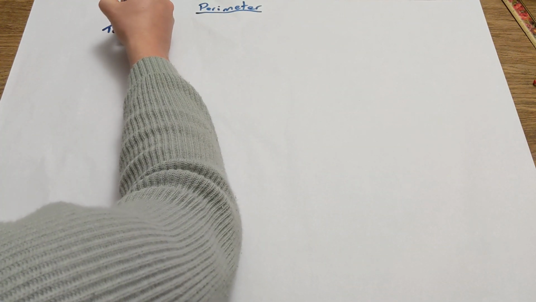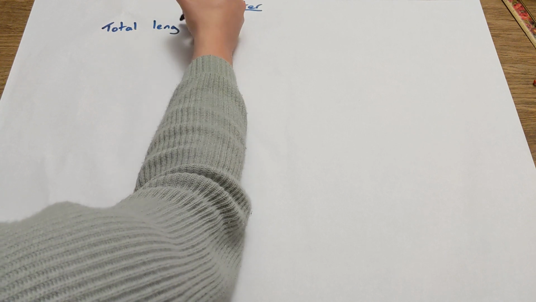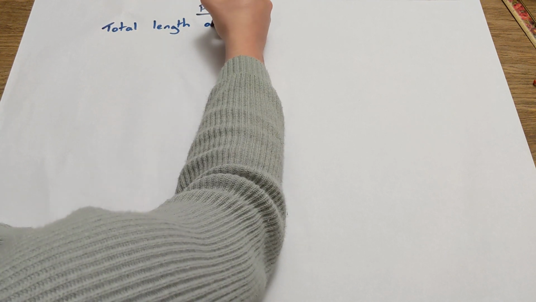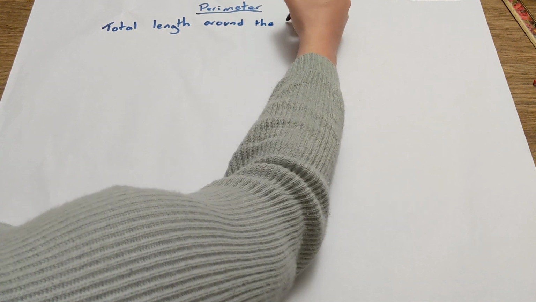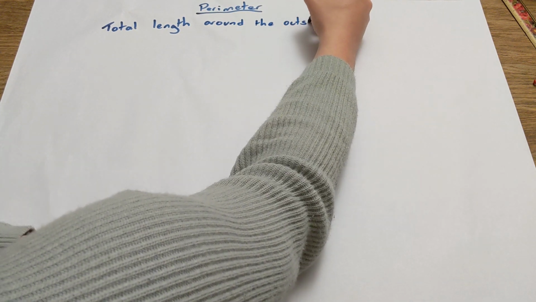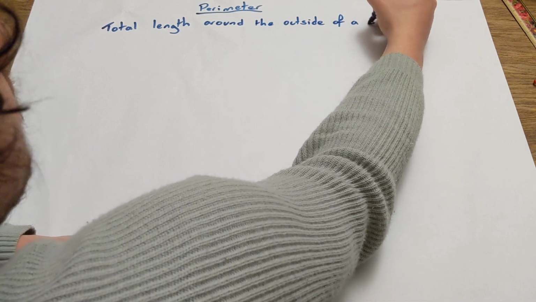The perimeter is the total length around the outside of a shape.